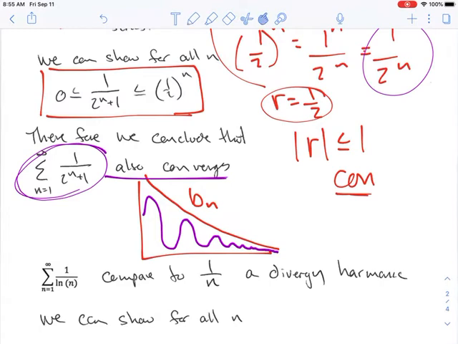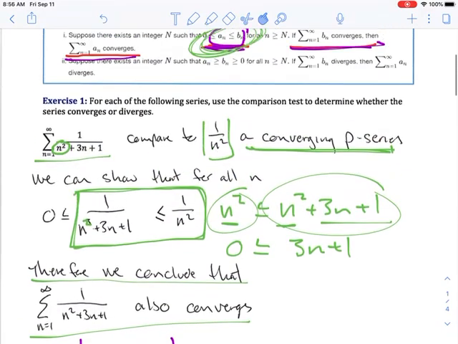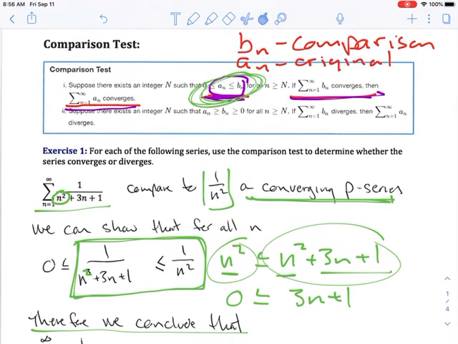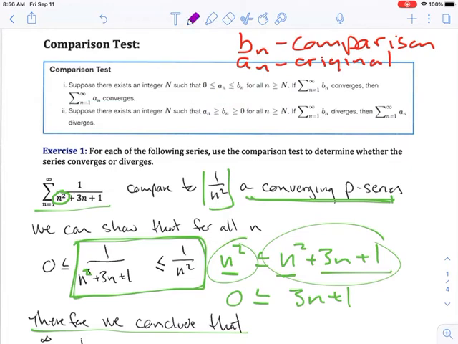And finally, the last one will take us back to the second part of this definition. The second part of the definition down here says that if b sub n diverges, then a sub n diverges, but only if b sub n is always less than a sub n.